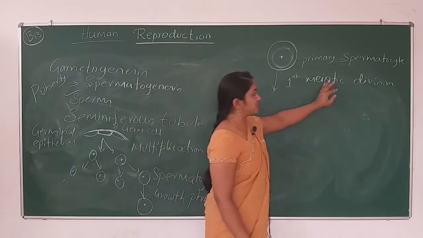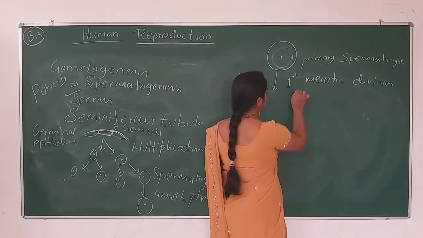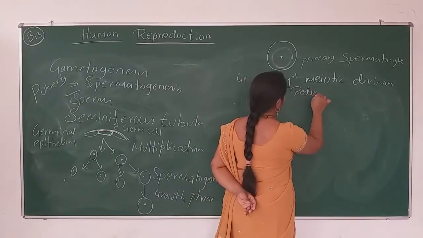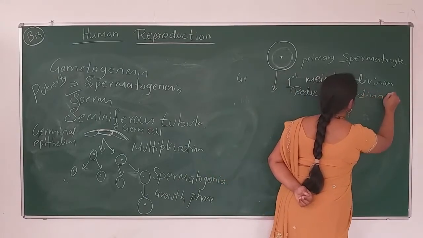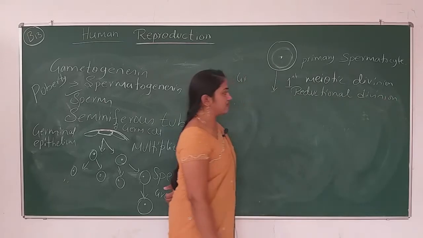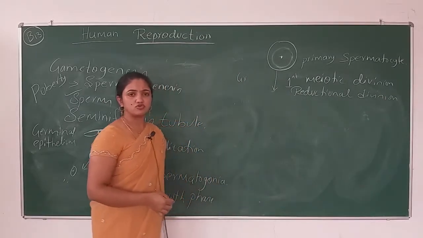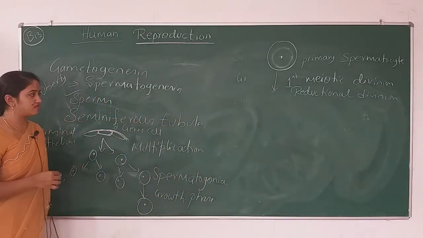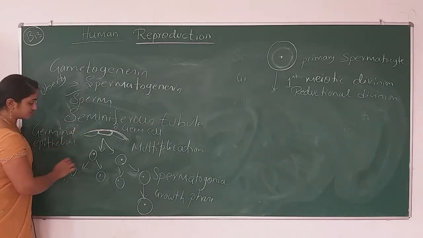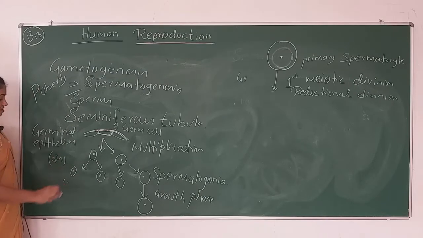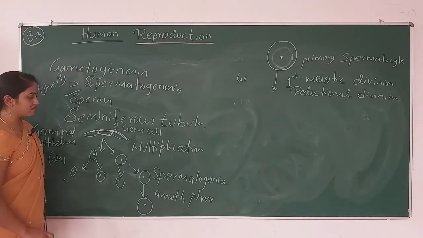The first meiotic division is the reductional division, which means decreasing the chromosome number. At the primary stage the chromosome number is diploid, that is 2n.